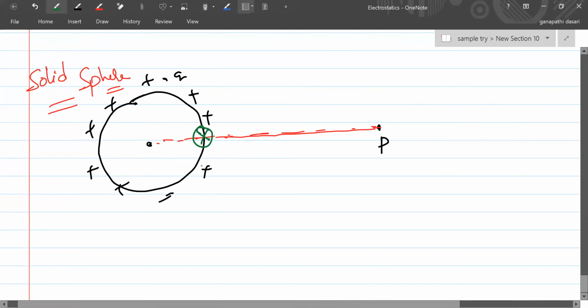Surface is also similar. You can consider the entire charge to be present at the center, but not for an inside point.